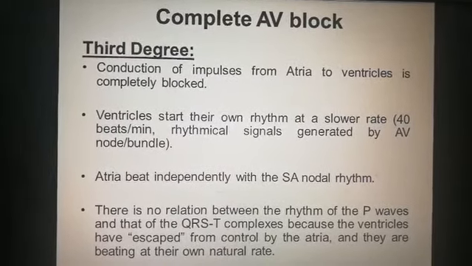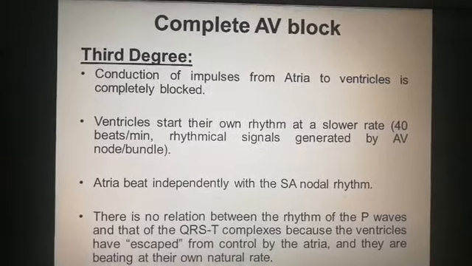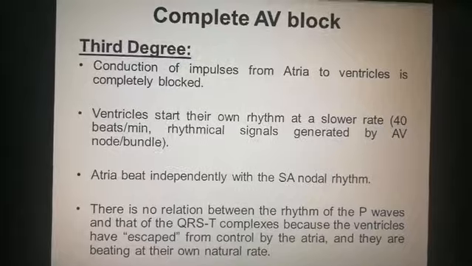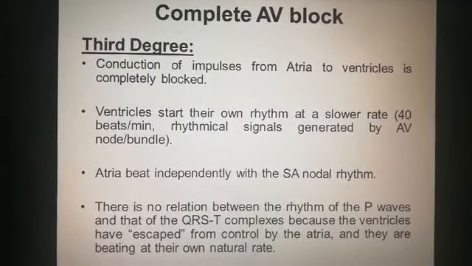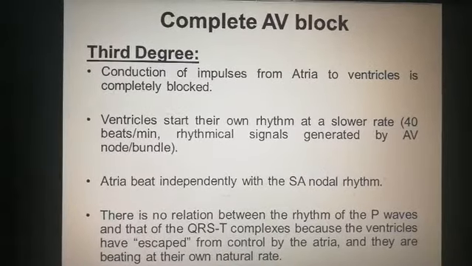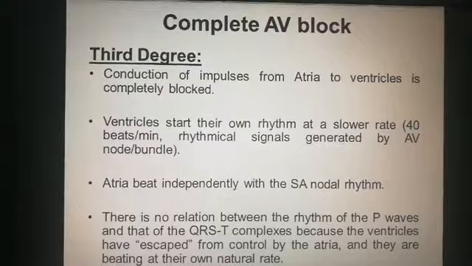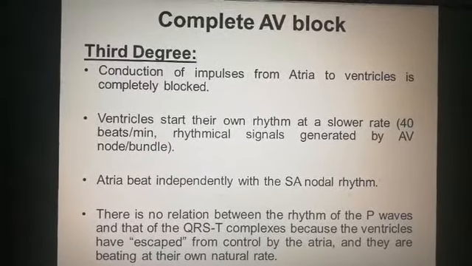So the ventricles start their own rhythm, and they become independent from the effect of the SA node. You can see in the third point, atria beat independently with SA nodal rhythm, and ventricles beat independently, and there is no connection between atria and ventricle.